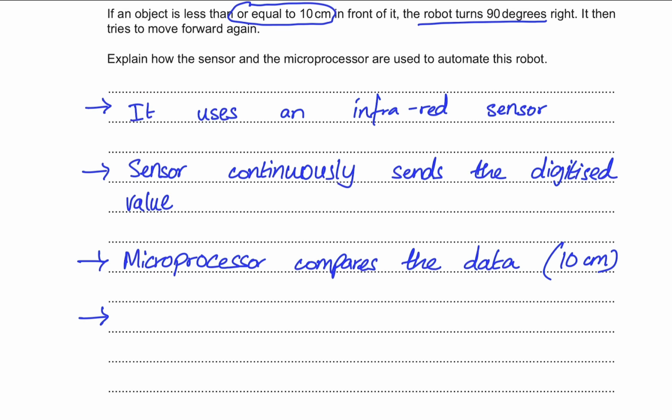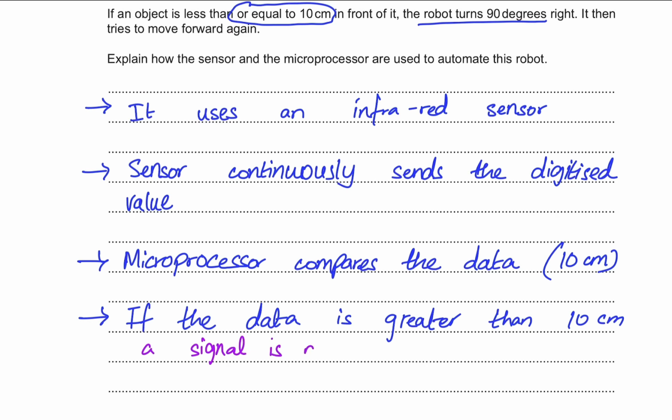After that, if the data is greater than the stored value, then a signal is made to make the robot move forward.